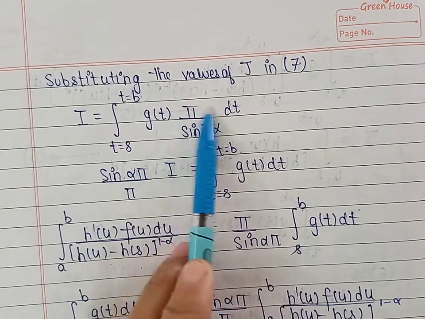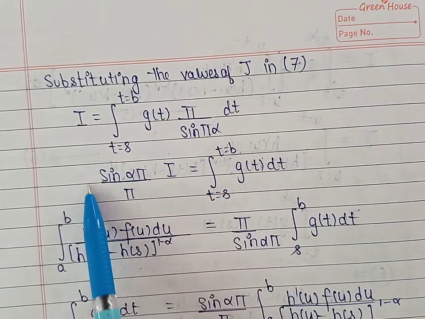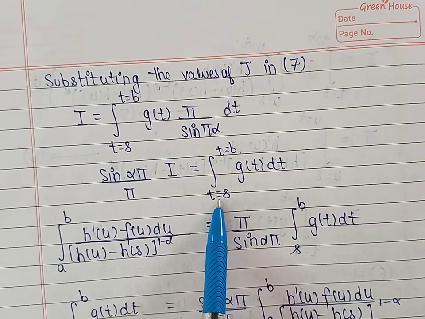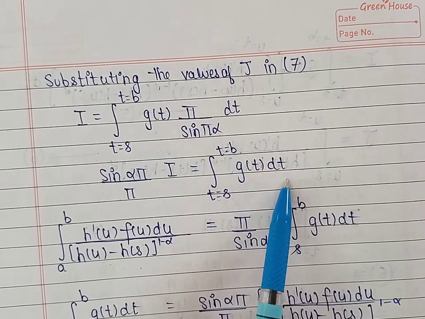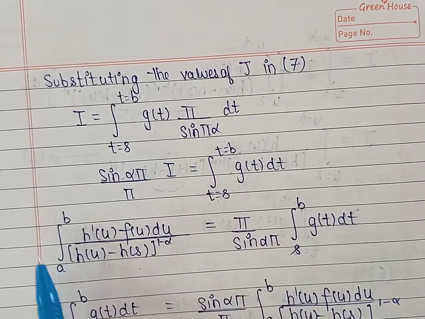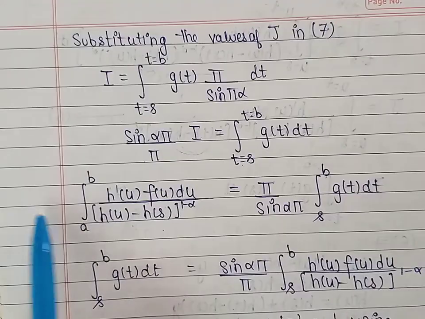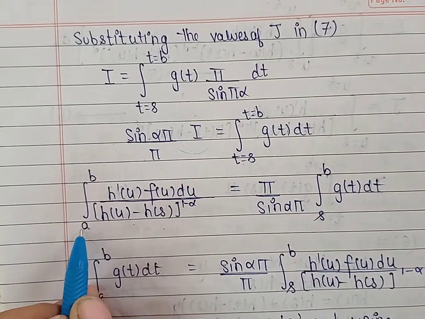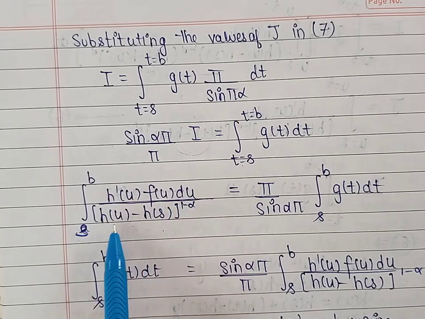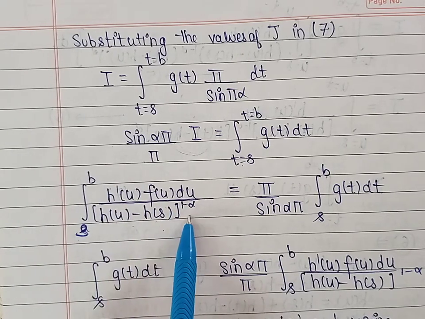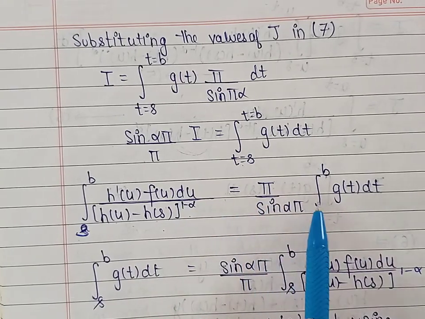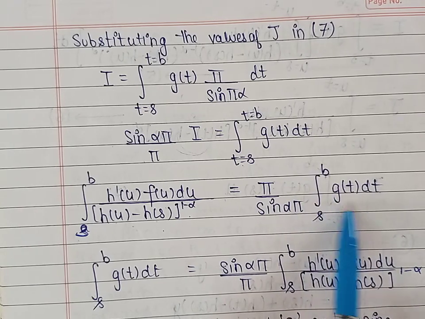We can take this term to the left side, so we get sin(alpha pi)/pi into I is equal to the integral from t = s to t = b of g(t) dt. Now substituting the value of integral I, we get integral s to b of h'(u) f(u) du divided by (h(u) - h(s)) whole raised to the power 1 - alpha is equal to pi upon sin(alpha pi) into the integral from s to b of g(t) dt.